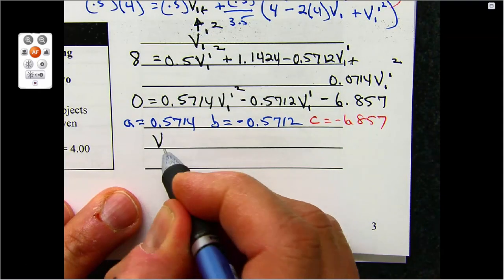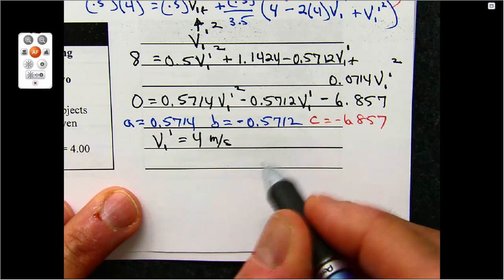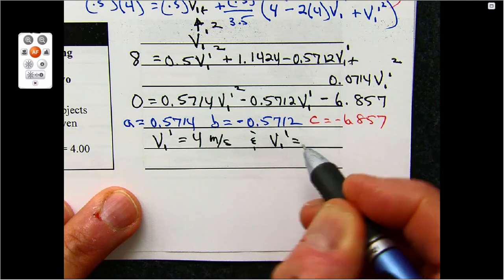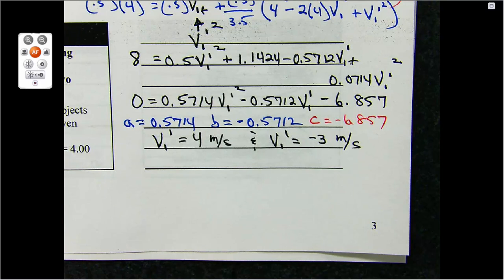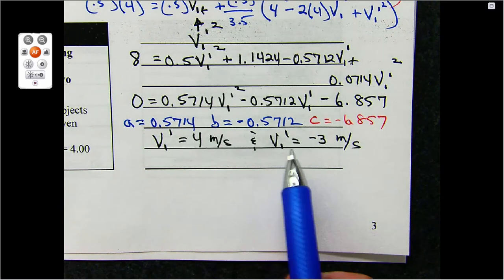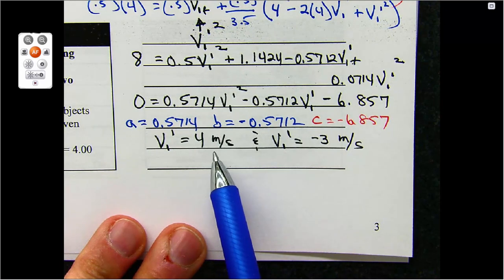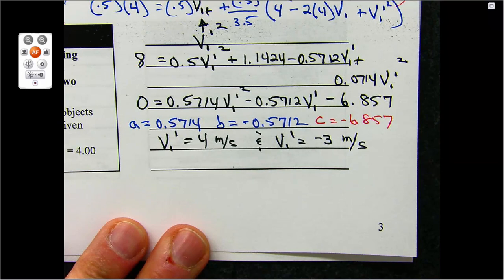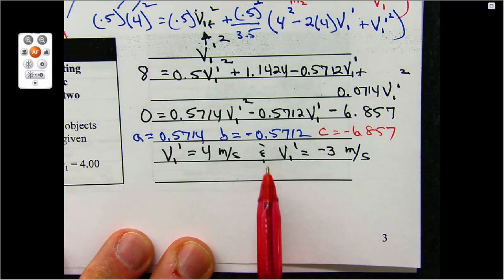So here's what we got. V1 prime equals 4 meters per second, and V1 prime equals negative 3 meters per second. Those are my roots, 4 and negative 3. Which one of those is not possible? There's 2 roots, right? Which one of those is not possible? Well, the negative 3 would throw it back.